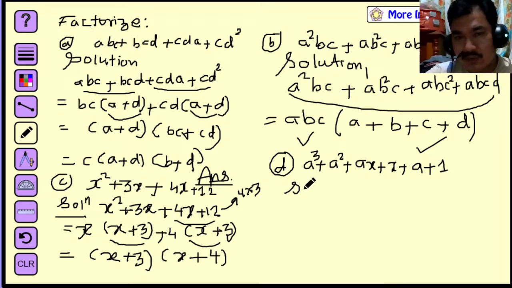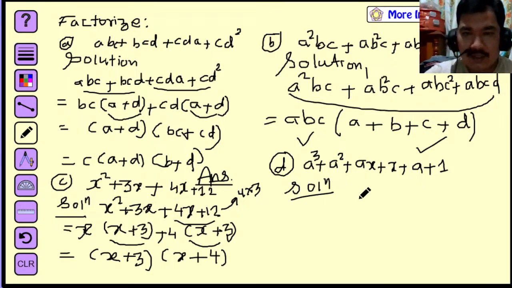In this case, what to do here? Solution. I write this question again here.